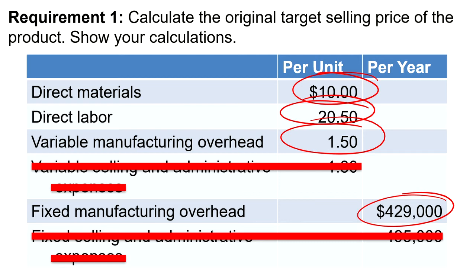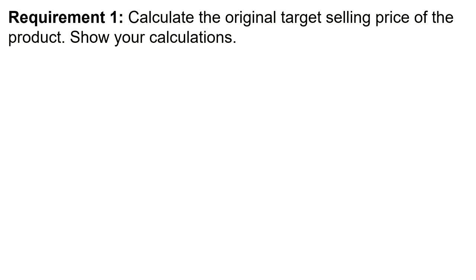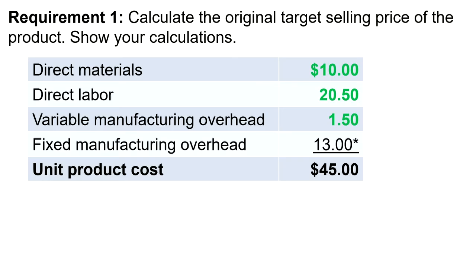So kind of converting this into the structure of our answer, we've got our direct materials, the direct labor, and the variable manufacturing overhead just taken right out of that information we just had, exactly the same.